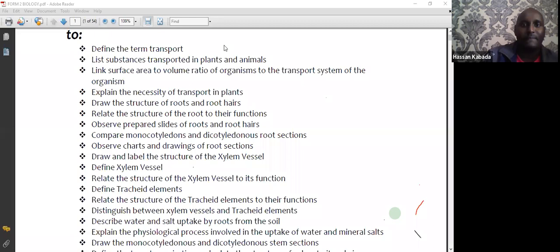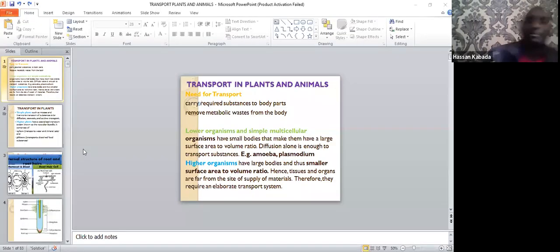So I'll go back to now the main topic, that is transport. So transport in plants and animals. So having in mind what I've just shared with you, now we are able to look at this content vis-a-vis what we are expected to be able to explain or define or describe or draw at the end of the topic. So bear in mind those aspects.